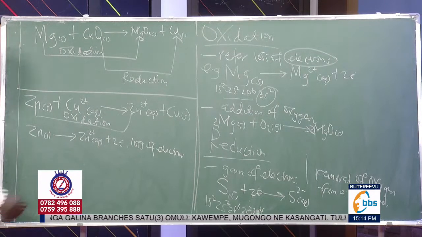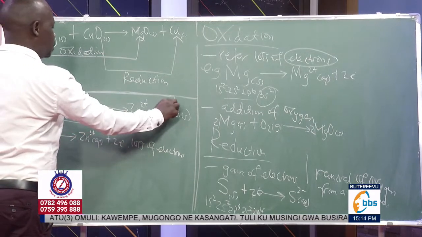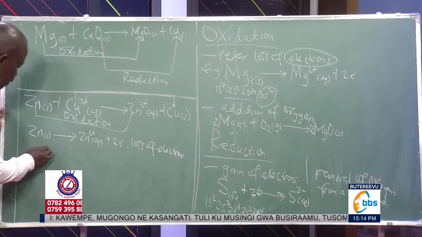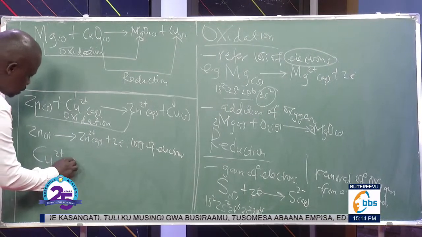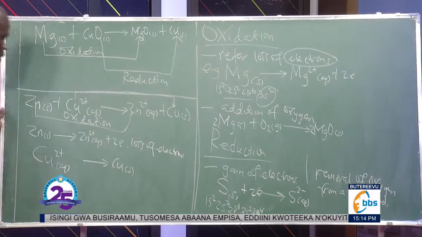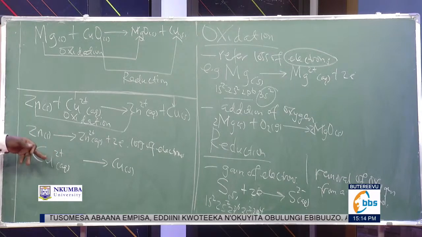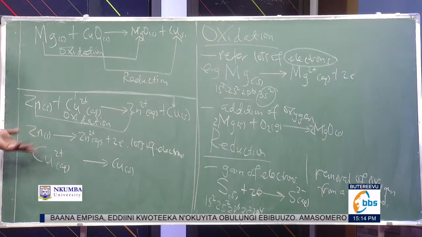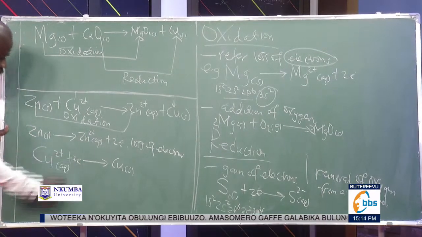At the same time, we have copper 2 aqueous going to copper. Of course, when you balance this equation, we reduce the positive charge by introducing electrons, because electrons are negatively charged. So you say plus 2 electrons.